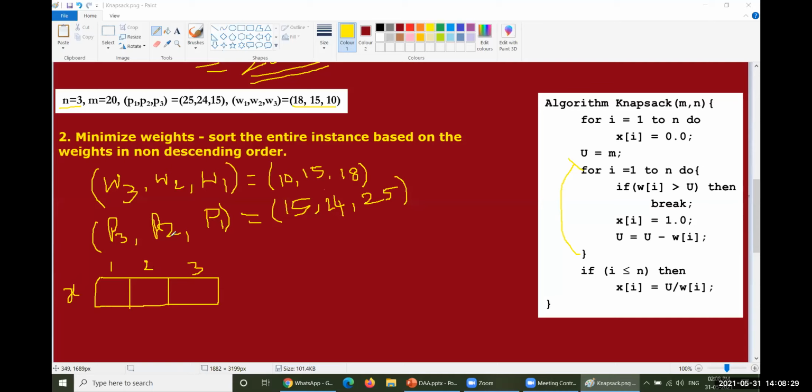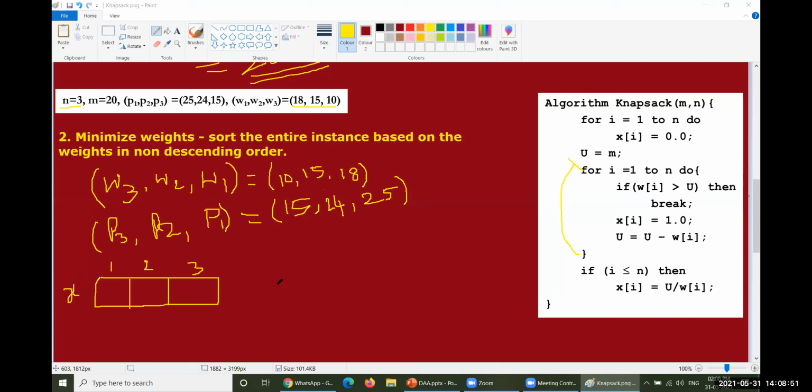Please observe that x of 1 is associated with w1 and p1, x of 2 is associated with w2 and p2, and x of 3 is associated with w3 and p3.